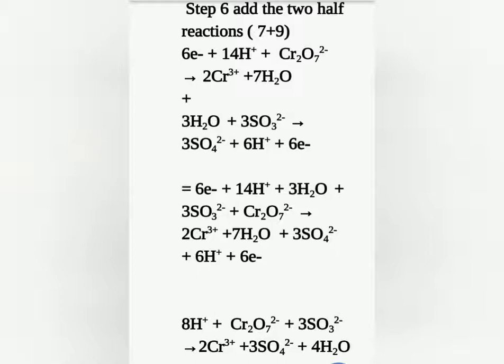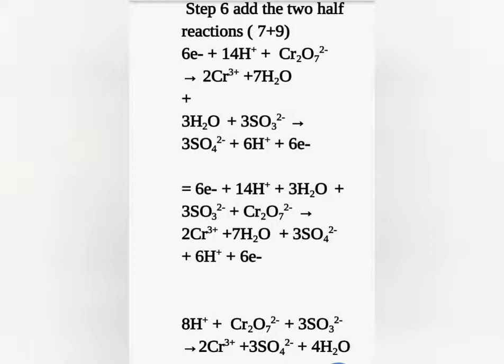Now 6 electrons are there on both left and right hand side, so they can be cancelled out. 14H+ are on the left hand side and the right hand side has 6H+, so that is cancelled, and on the left hand side we write only 8H+. Similarly, 3H2O is on the left hand side and 7H2O on the right hand side, so 3H2O can be cancelled and we write 4H2O on the right hand side.